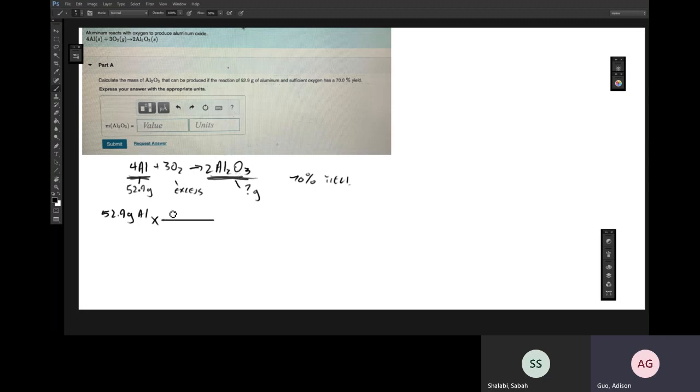So 1 mole of aluminum is gonna be equal to, let me see, what's the molar mass of aluminum?